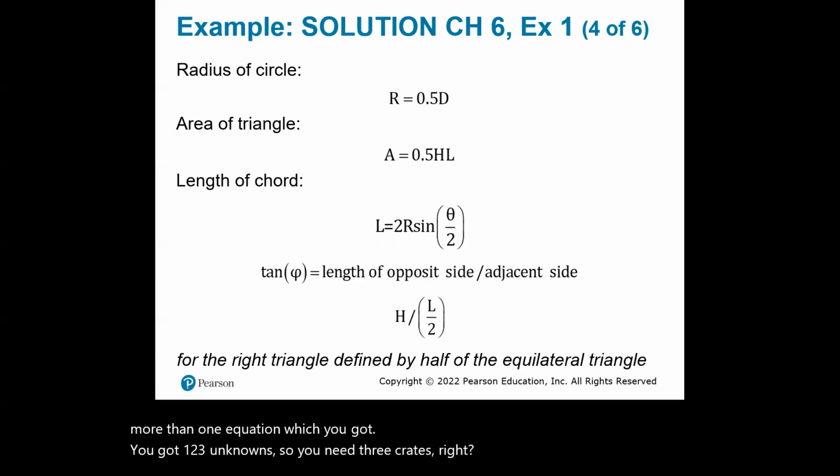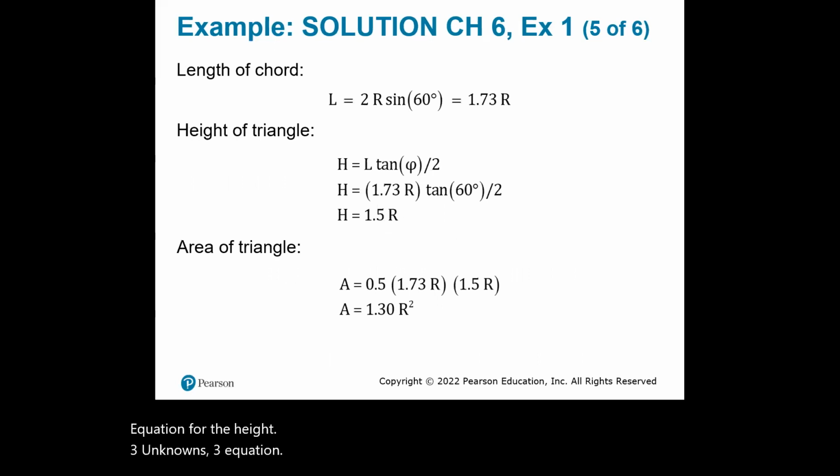You have the equation for the area, the length, and the height. Then you solve for L, which is 1.73 times the radius.